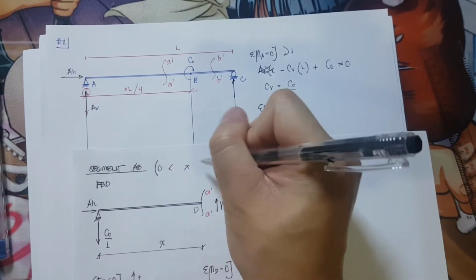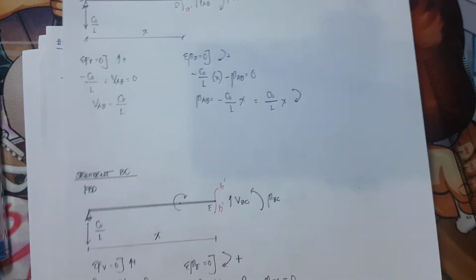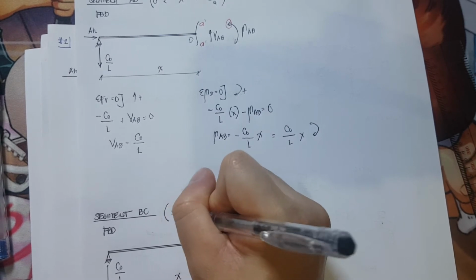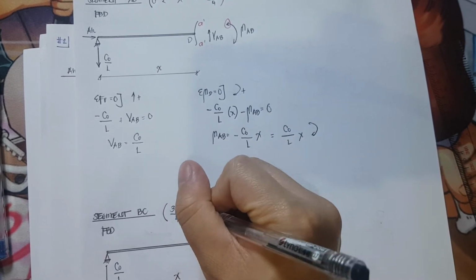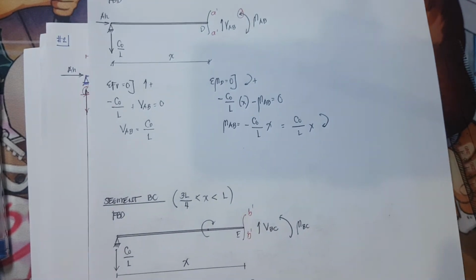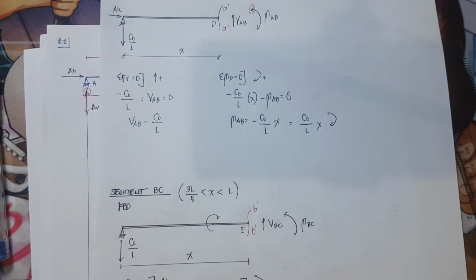That is for x. Then for this one, for our x value, we have 3L over 4 x, then we have here L. Okay, so we're now ready to draw our shear and moment diagram.